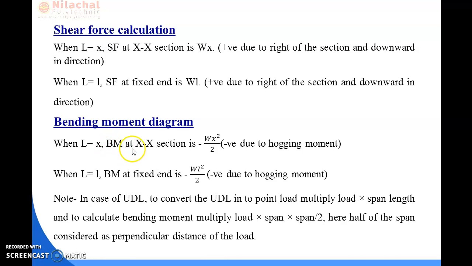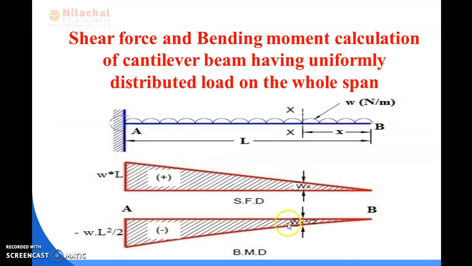Then the bending moment at XX section is, according to this formula, load which is W, into distance which is X. Then another thing is the perpendicular distance of the load. Your load is in this way, that means in downward or vertical direction.